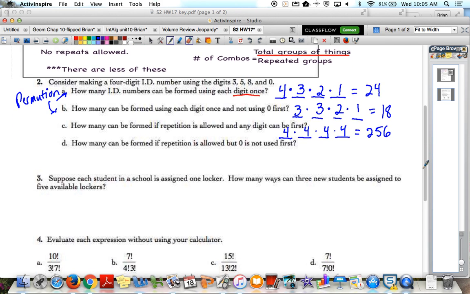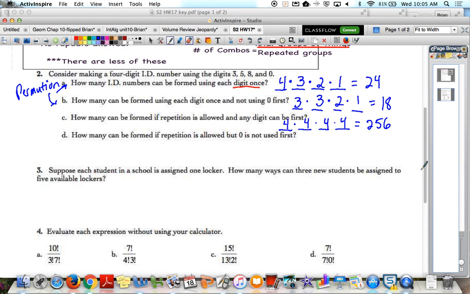D, how many can be formed if repetition is allowed but 0 is not used first? So this is kind of like B, only I'm saying repetition is allowed. So we've got 4 slots again for our ID number. I could pick any of these except I can't use 0 first. So I only have 3 possibilities to choose from for the first number.